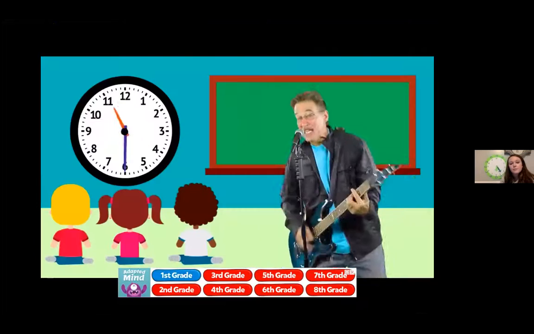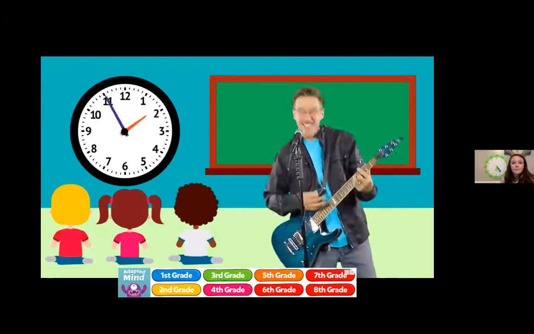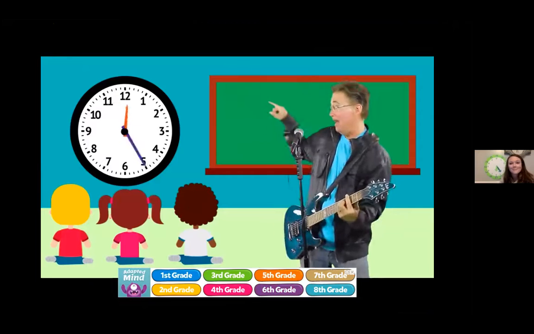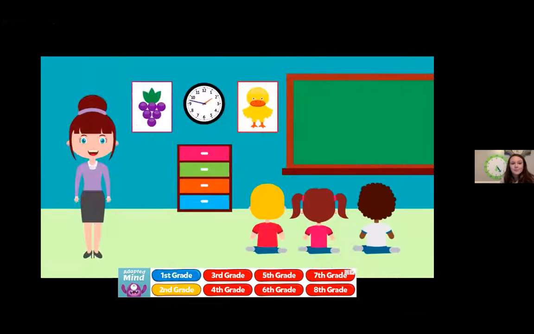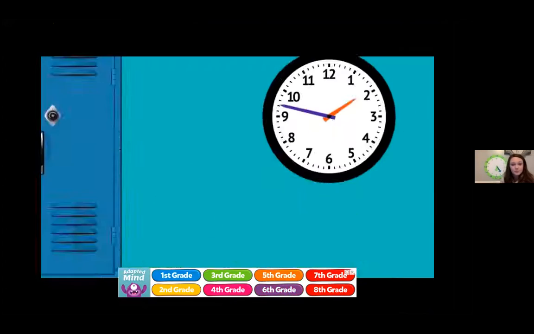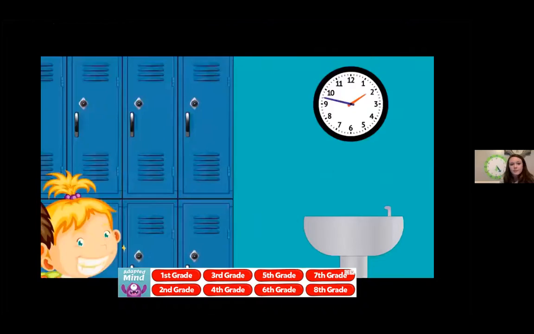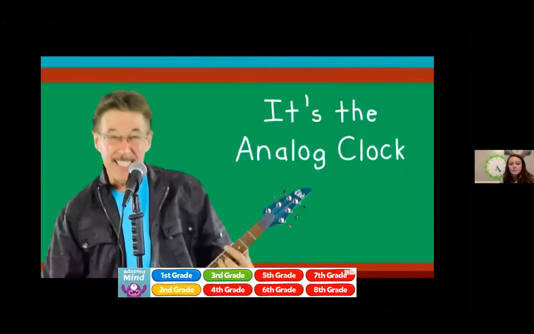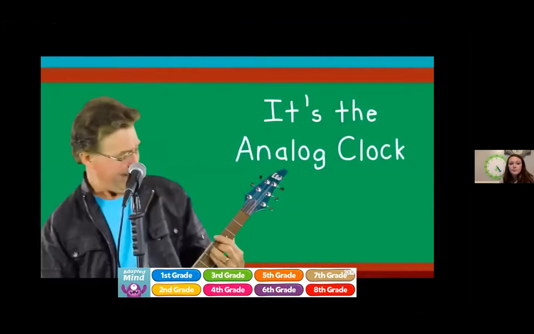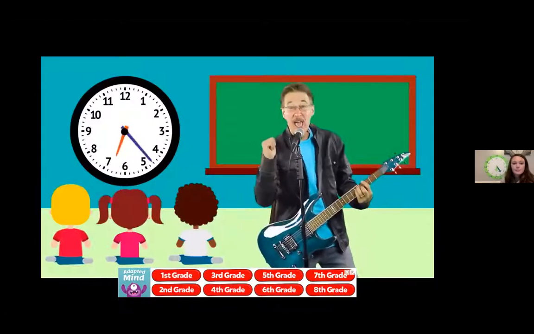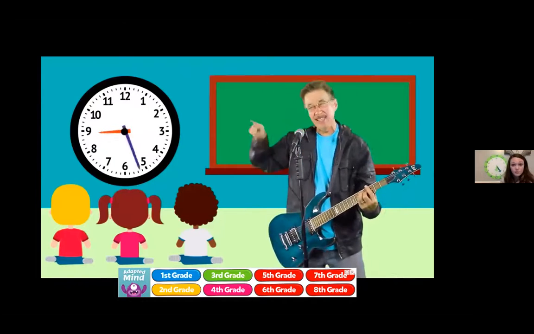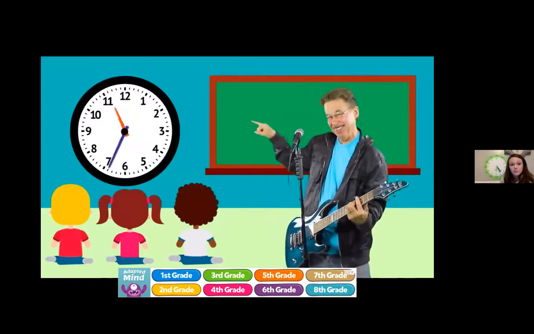Tick tock, let's learn about the clock. Tick tock, the analog clock. You see them on the wall in your classroom or the hall. A lot of people wear them on their wrist. It's the analog clock.